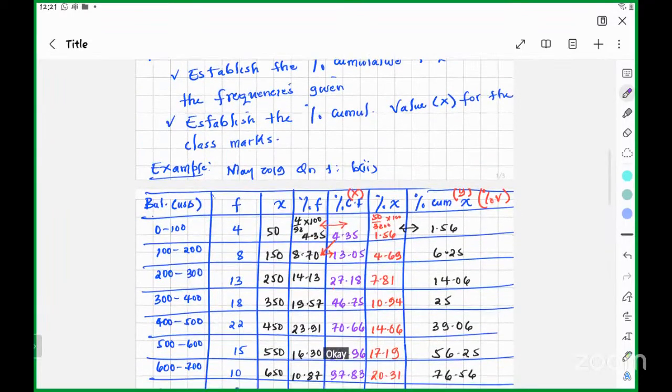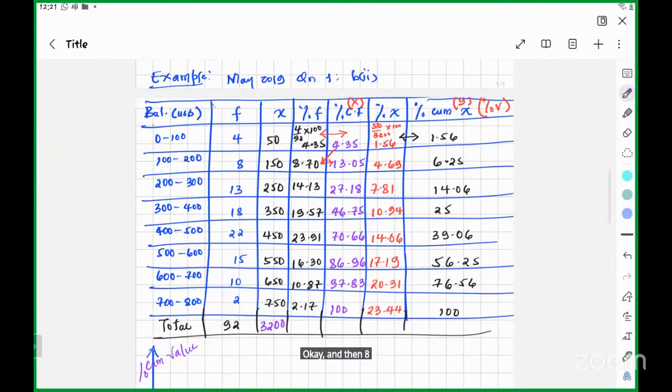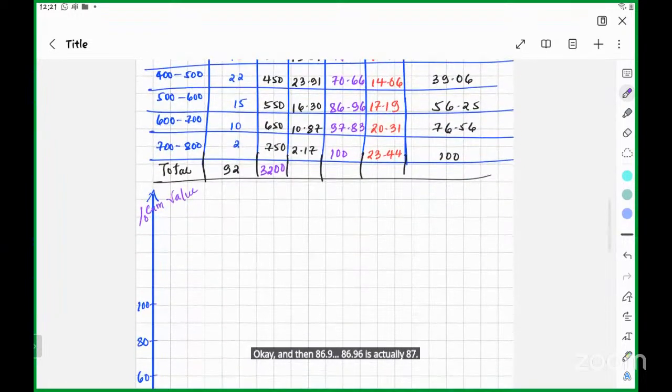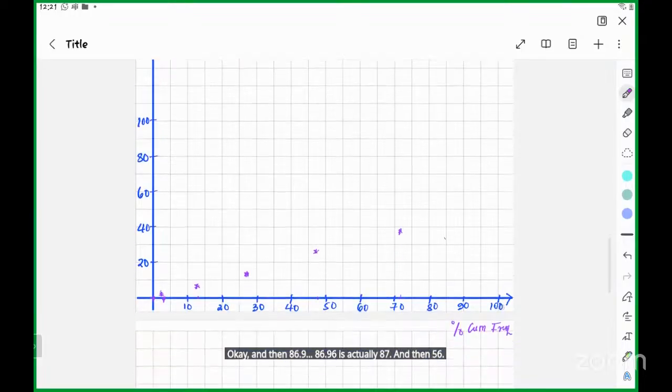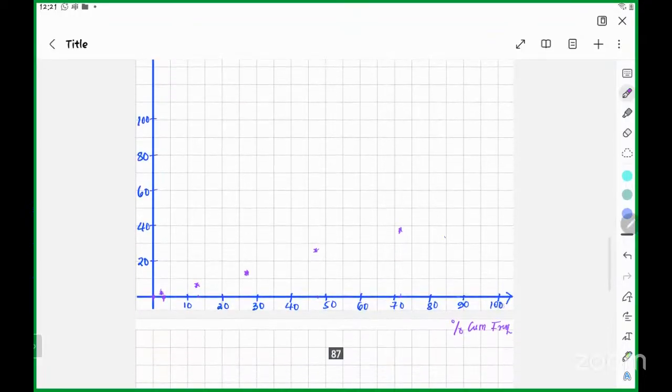And then 86.96 is actually 87, and then 56. 87, 56. That is 50. I'll put it here.